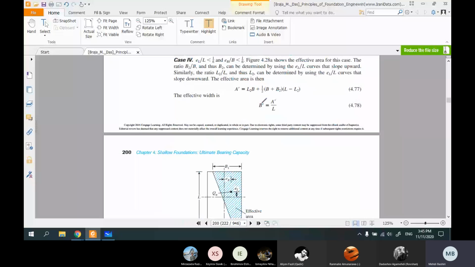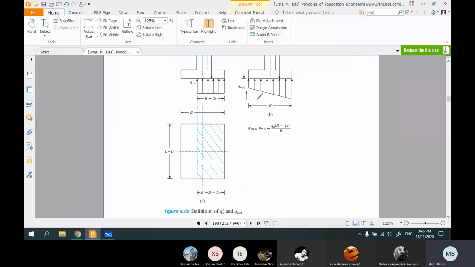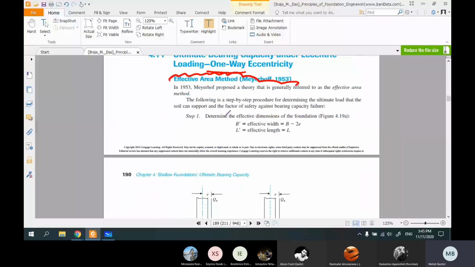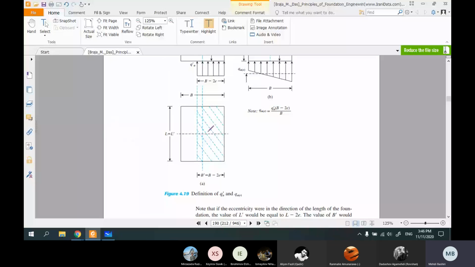As I said, using the effective area method is really simple. All you need to do is find B prime, and the rest of the equations and calculations are the same as before. And this is your effective area: B minus 2e.